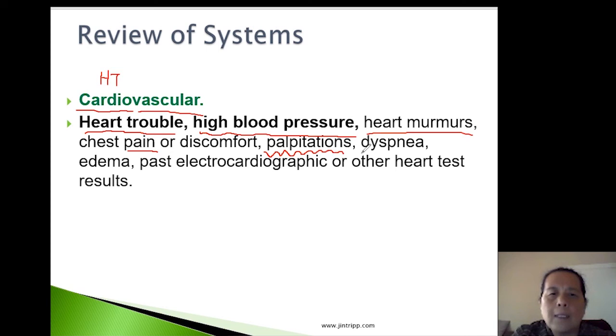Still, heart illness can cause the patient difficult breathing, severe shortness of breath, or maybe edema. For Western medicine, it is different from TCM. In TCM, for water disorder, we are not thinking about the heart.